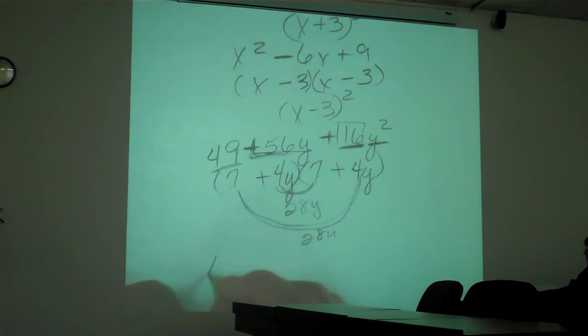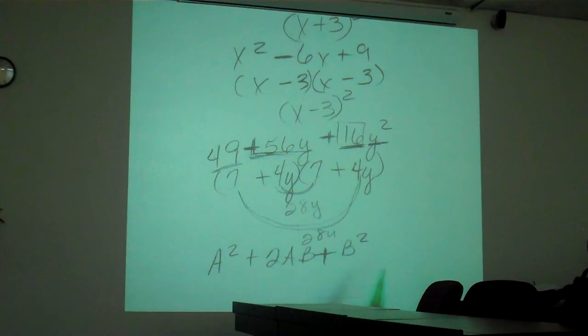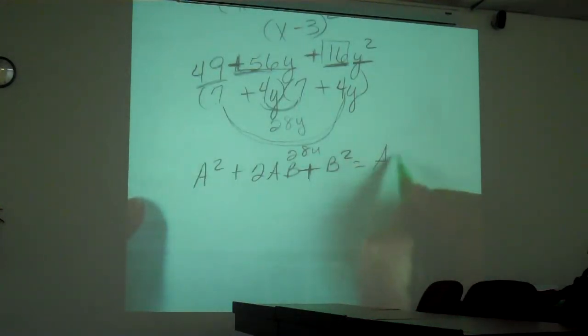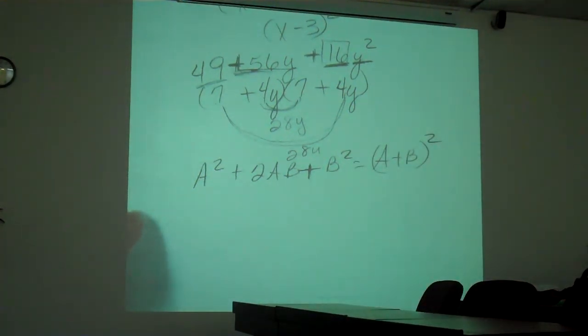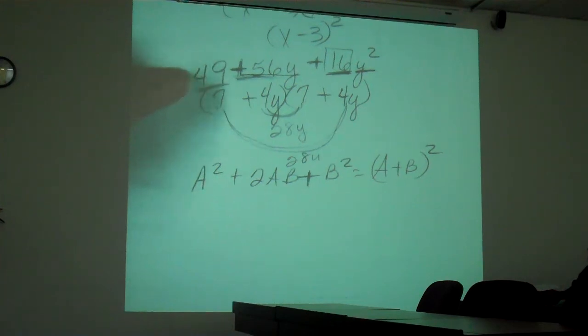If you have a squared plus 2ab plus b squared, this will factor out to a plus b squared. In this one, what was a? What squared is 49? 7, right?